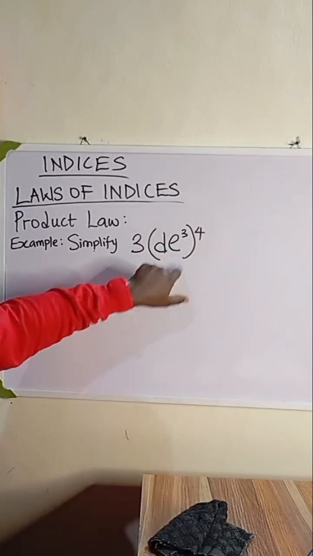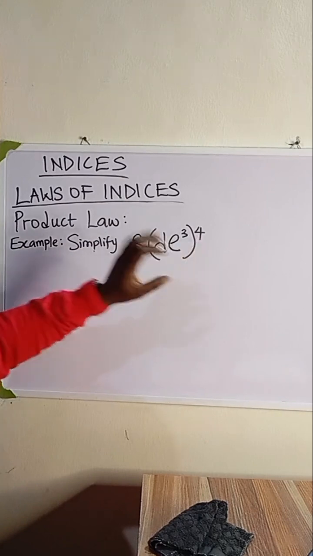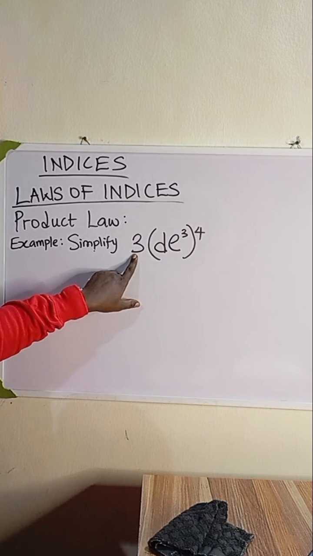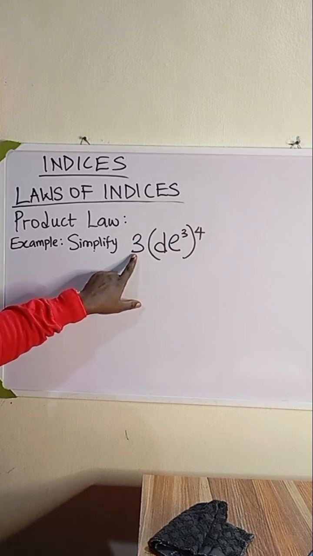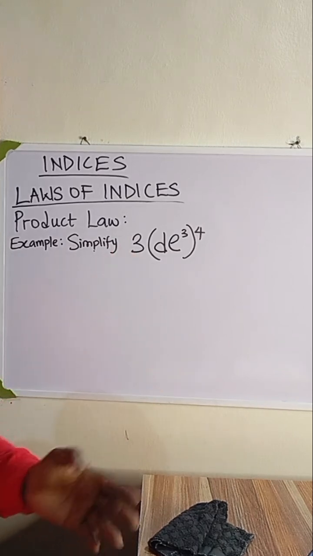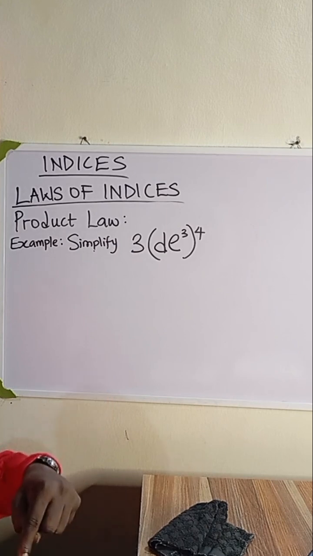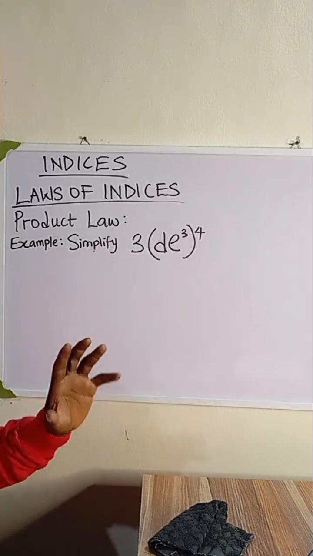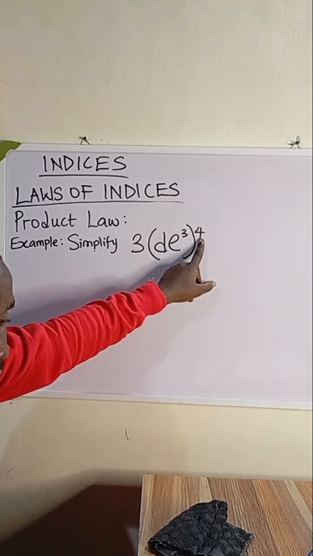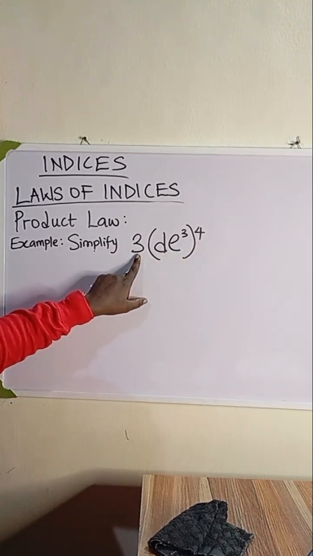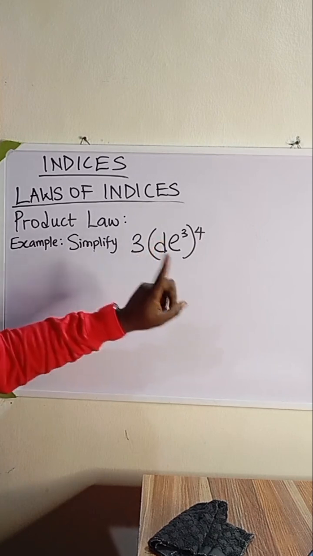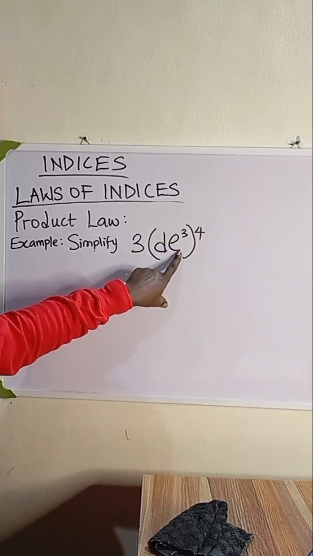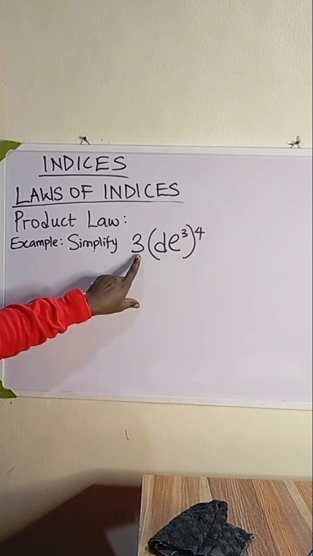So in this particular case, we can see that 3 is outside the brackets. Unlike the first example we did, where 3 was inside the bracket, in this case, 3 is outside the bracket. This means that this exponent is not going to influence 3. This exponent 4 is only going to influence d and e, but it's not going to influence 3 because 3 is outside the bracket, right?